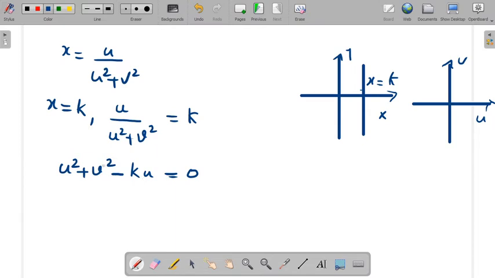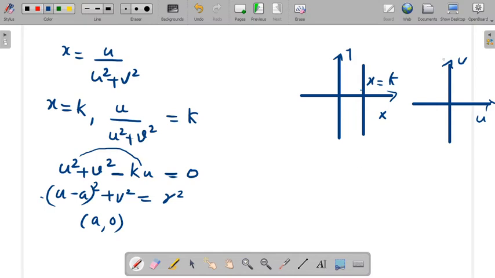And see, here we have U square. Completing the square, you can write some U minus A the whole square plus V square equal to some r square. You can change this into this form. That means the center is (A, 0). The center lies on V equal to 0. That means the center lies on the U axis and it passes through the origin.